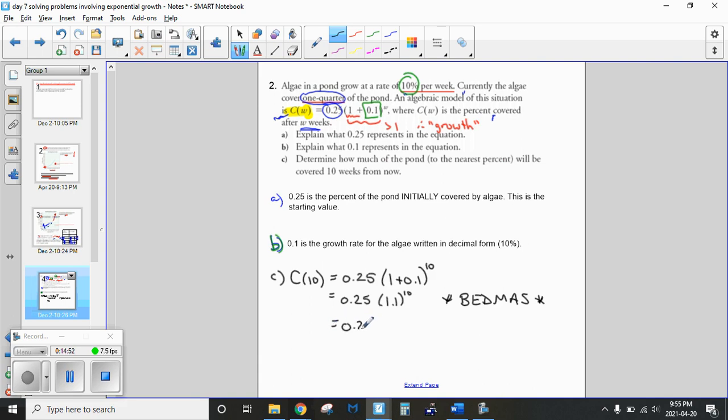I'm going to write down a partial step, which you don't have to do, but I'm doing it here anyway. 1.1 to the exponent 10 is 2.59374246. And if I multiply those together, I'm going to get approximately 0.648. And I can use that to answer the question in percent form again.